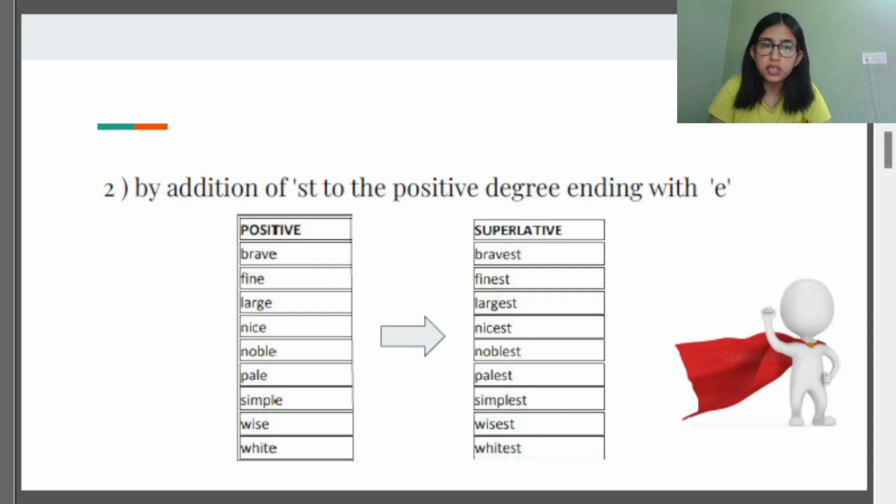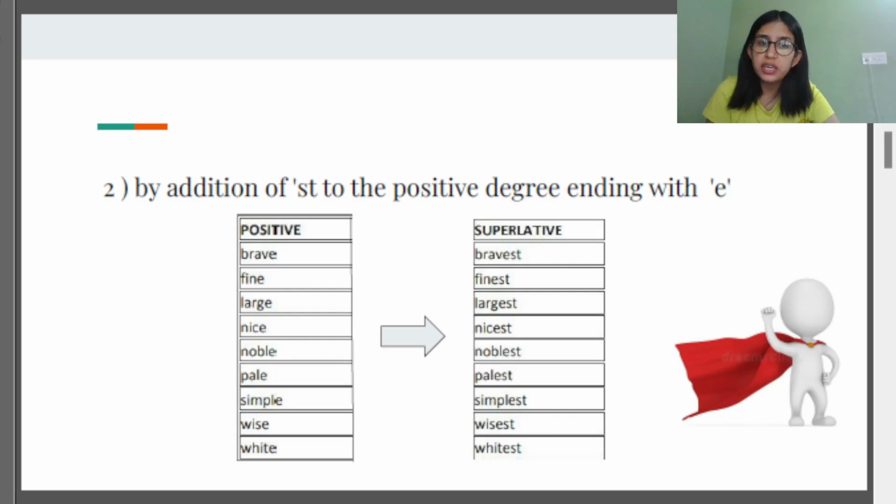Yes, now instead of just using est, just like in the comparative degrees, those words which were already ending with e will be using st instead of est. So that e is already there in that word. We'll be skipping that e and just using st. So in case of brave, e is already there.